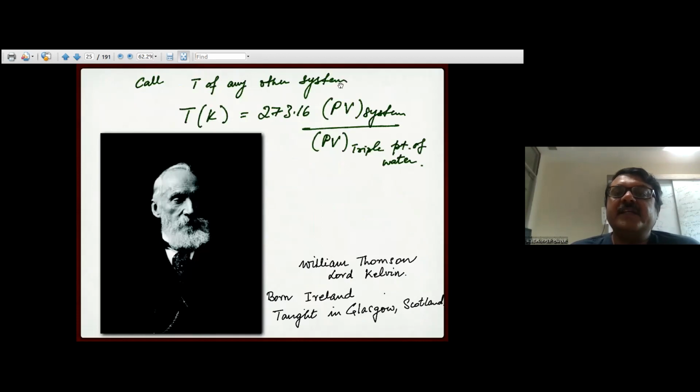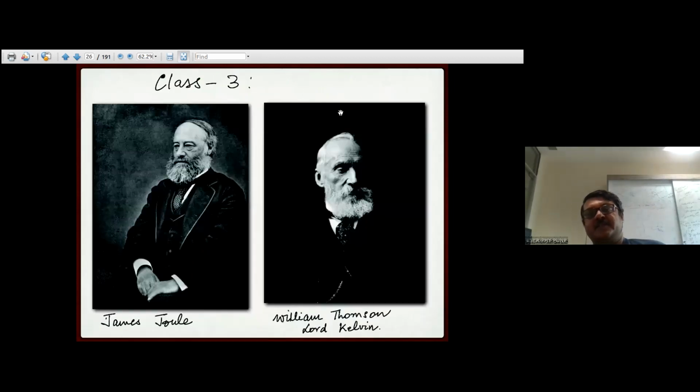So the temperature of any other system can then be defined, assuming you have an ideal gas. You take 1 mole of that gas, put it in thermal equilibrium with whatever other system whose temperature you want to measure, and measure the value of PV. You know the value of P and V for 1 mole of gas at the triple point of water, 273.16, assuming the ideal gas.